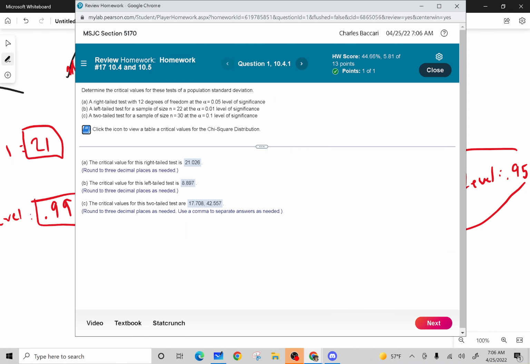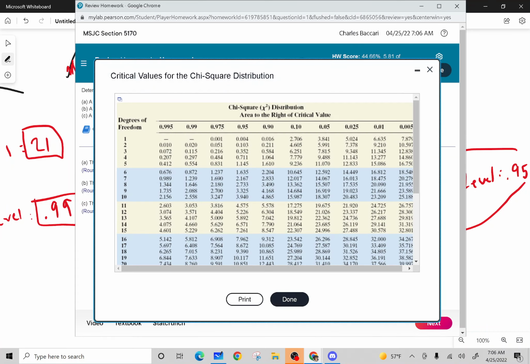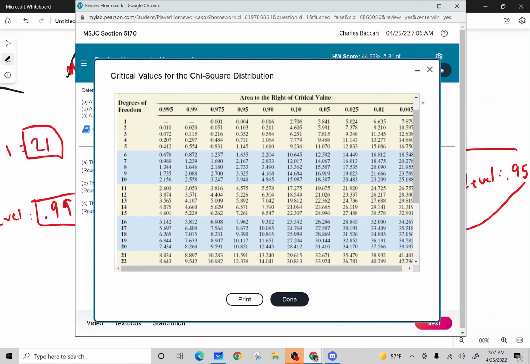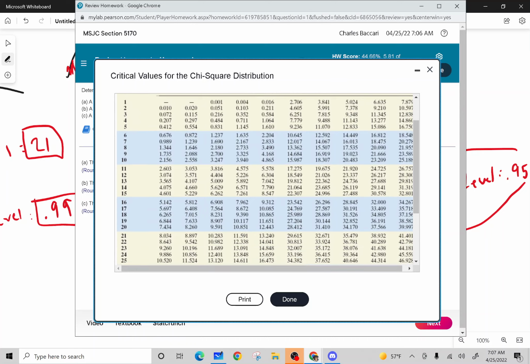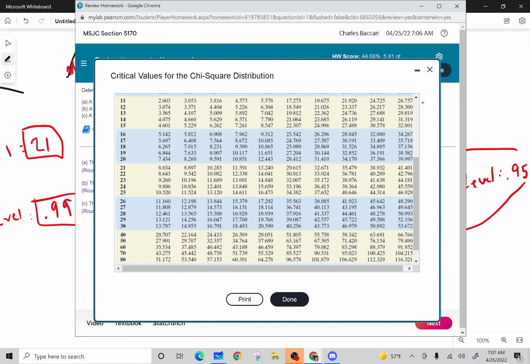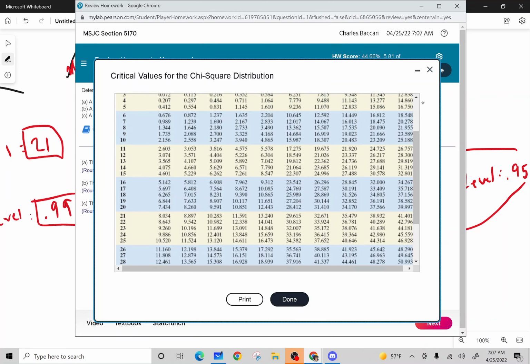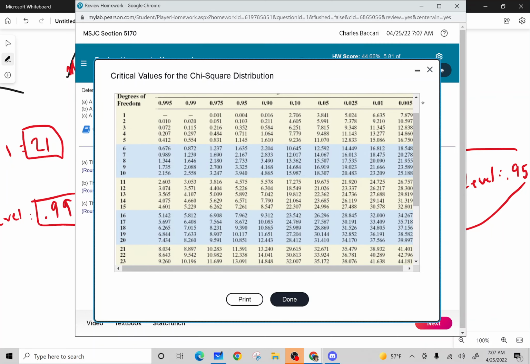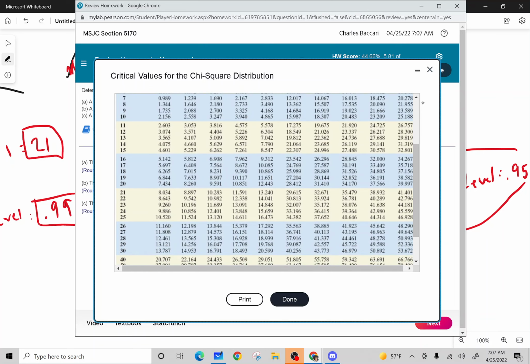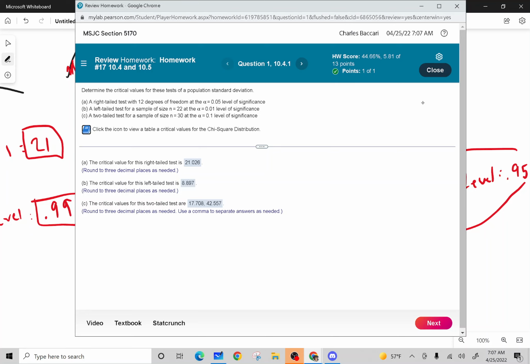So if we look on the table, we should get 17.708 and 42.557. So we look for 29. This is 0.95 right here. So 29, 17.708. And then we look for 0.05, that's this one. And 29, 42.557, and that is how we go through finding those values. Those are the critical values for this table that we're looking at.